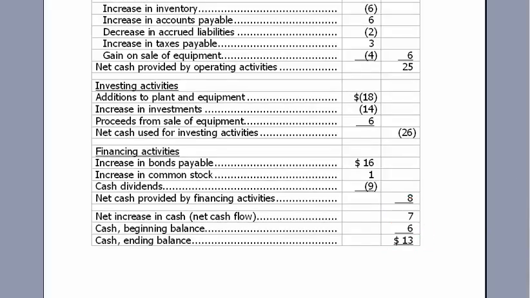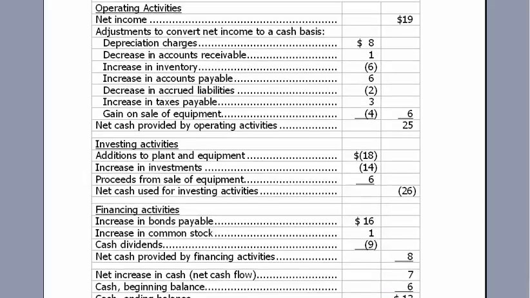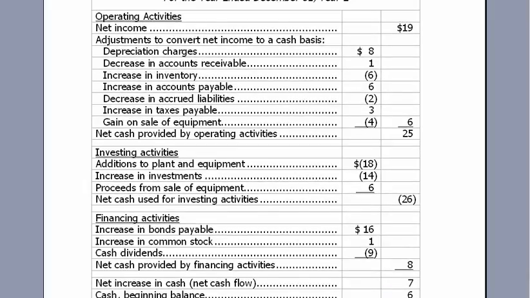The next issue then is to explain, once you know how to mechanically make the statement of cash flows, how do you interpret it? In the absence of any information, you have $25 in operating activities from running your business. You use 26 by going out and spending. So you spent everything you made.